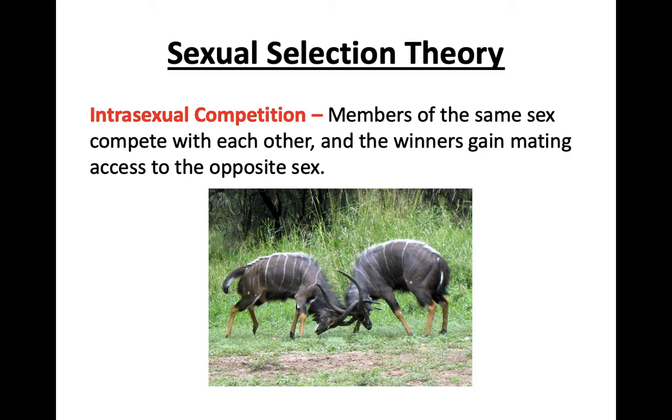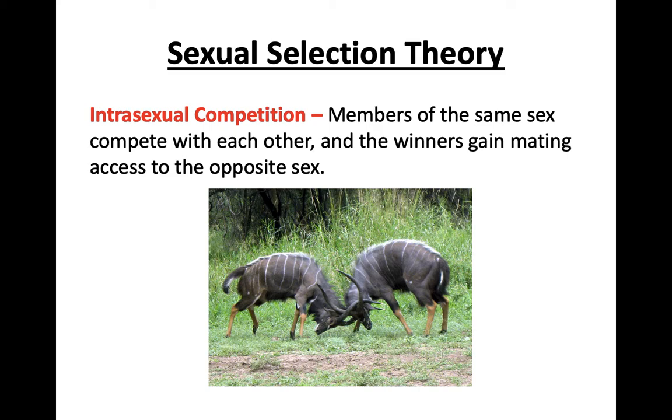In sexual selection theory, there are two types of competition. The first is intra-sexual competition. This is the idea that members of the same sex compete with each other, with the winners gaining mating access to the opposite sex. Male stags, for example, battle with their antlers, and the winner, who is often the stronger one with the bigger, stronger set of antlers, is the one that gains access to the female of the species.